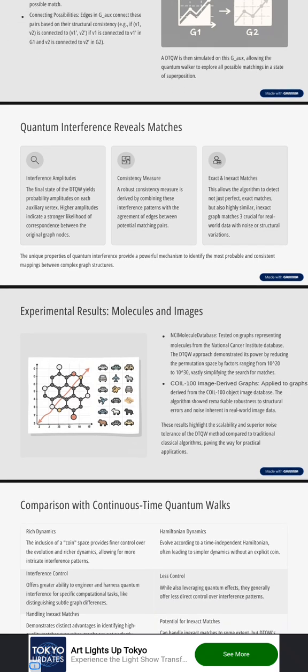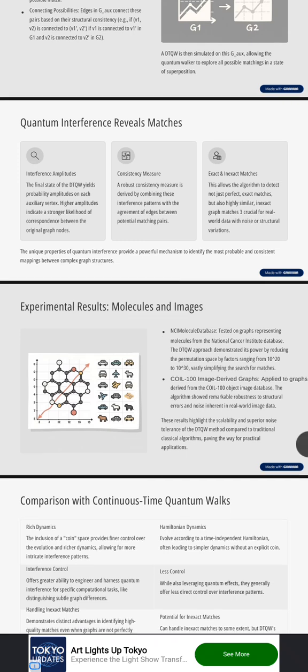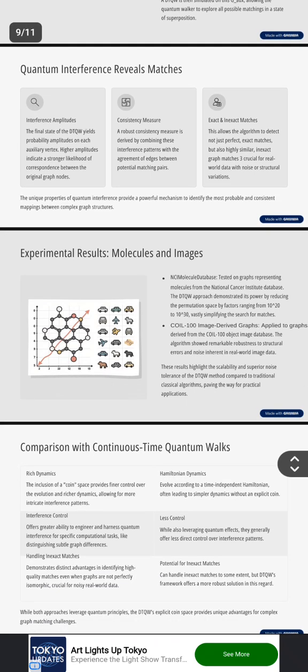This allows the algorithm to detect not just perfect, exact matches but also highly similar, inexact graph matches, crucial for real world data with noise or structural variations. The unique properties of quantum interference provide a powerful mechanism to identify the most probable and consistent mappings between complex graph structures.